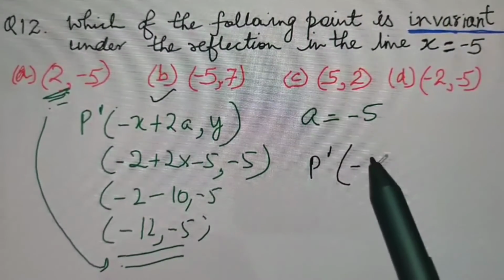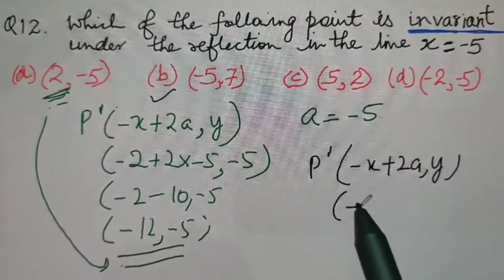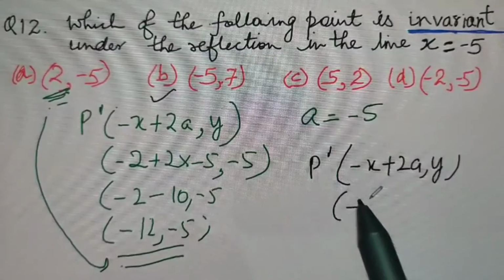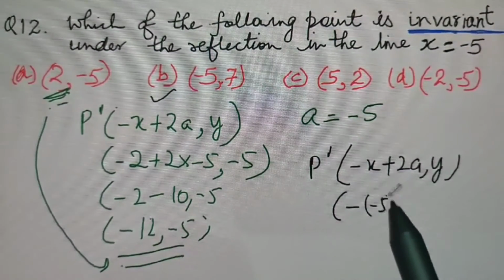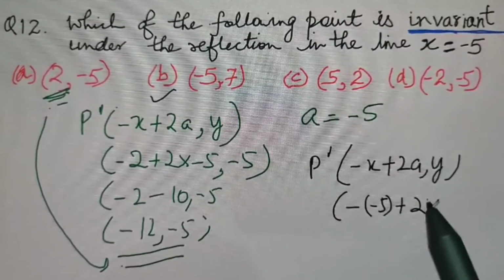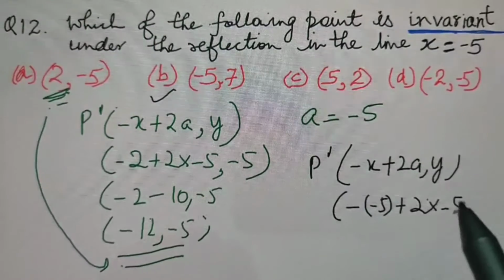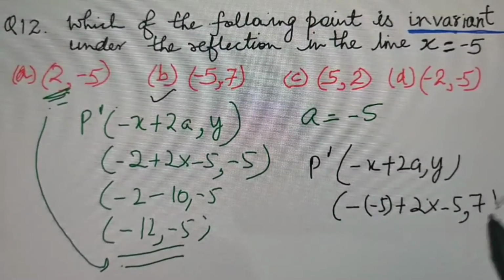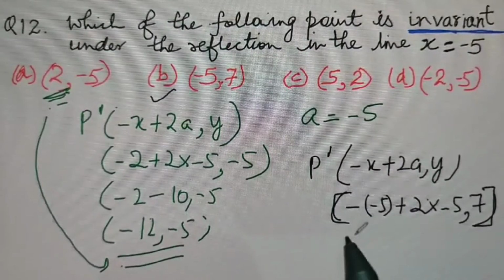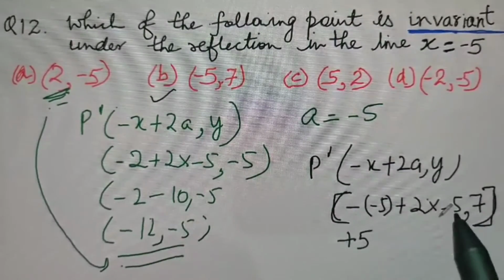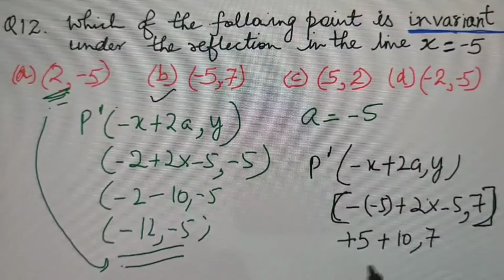We have the formula this, and where the value of x is minus 5, so we'll write it like this, 2 into a, the value of a is minus 5 and the y coordinate is 7. If it is solved further, what do I get? I get plus 5, 5 2 is 10 comma 7.